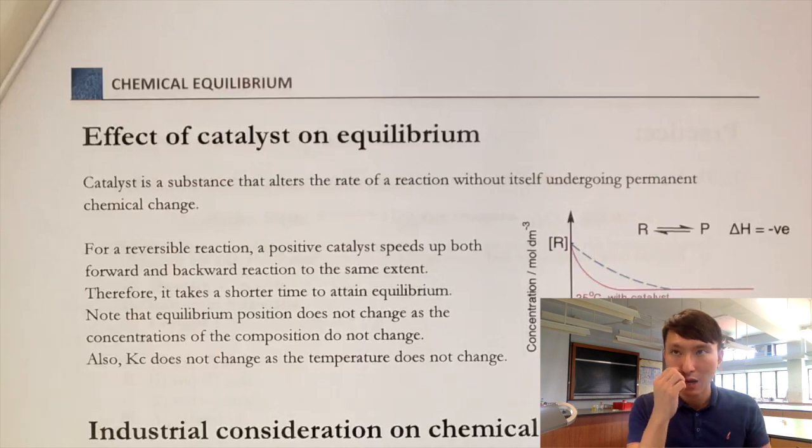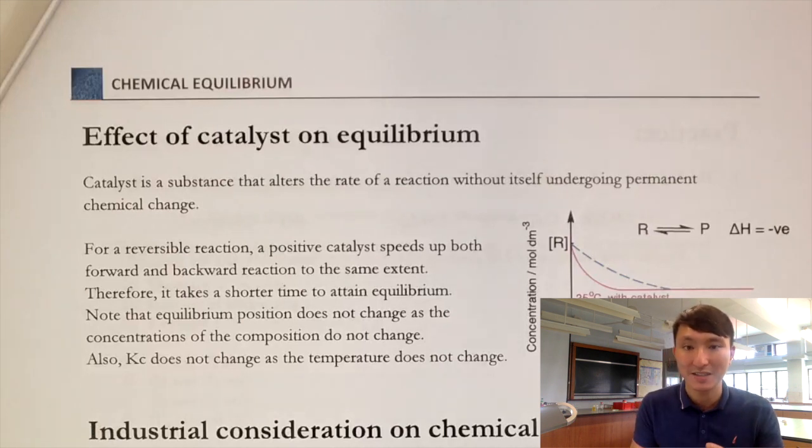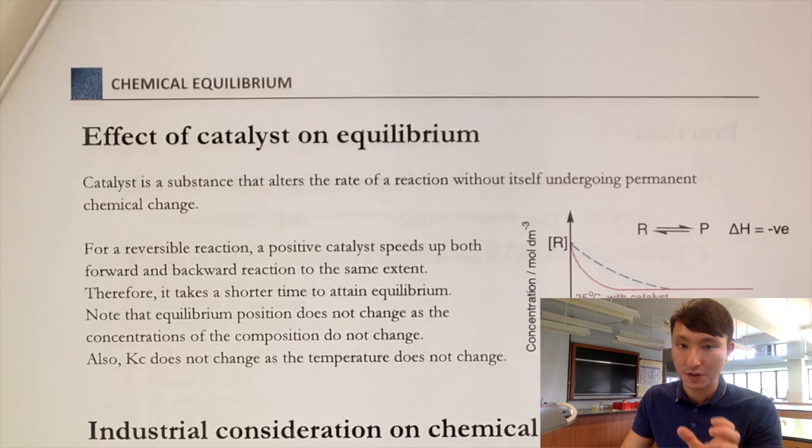Okay? However, since the catalytic effect occurs on both the reactant and the product, and it does not affect the concentration of reactant and product, it does not result in any shifting of equilibrium position. It has no effect on the equilibrium position. And again, because temperature is not changed, Kc is not going to change at all.